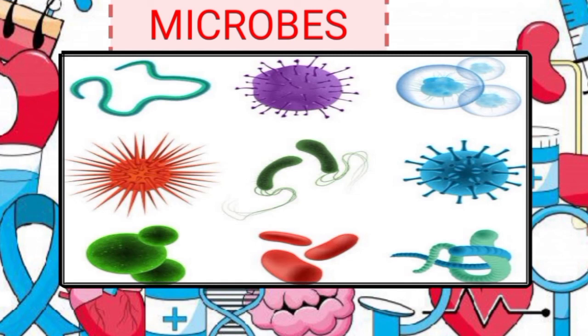Microbes are very small living things that cannot be seen with the naked eye. They can be seen only with the help of an instrument called a microscope. There are 4 main types of microbes: virus, bacteria, fungus and protozoa.